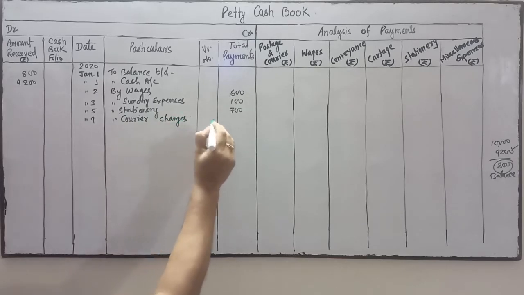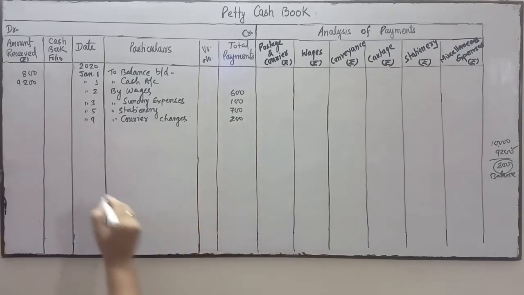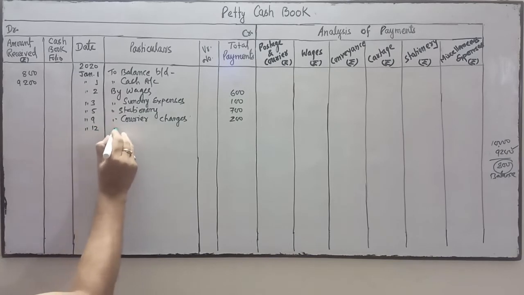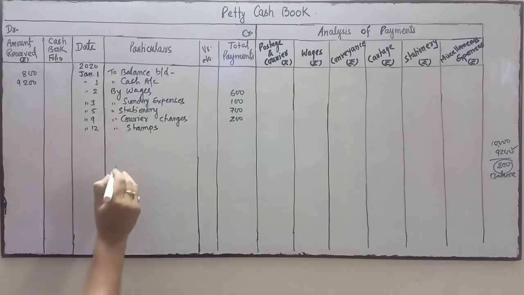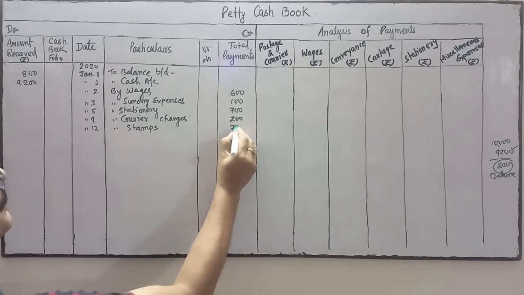Courier charges is 200. Next on the 12th, purchase stamps. Stamps is 750.